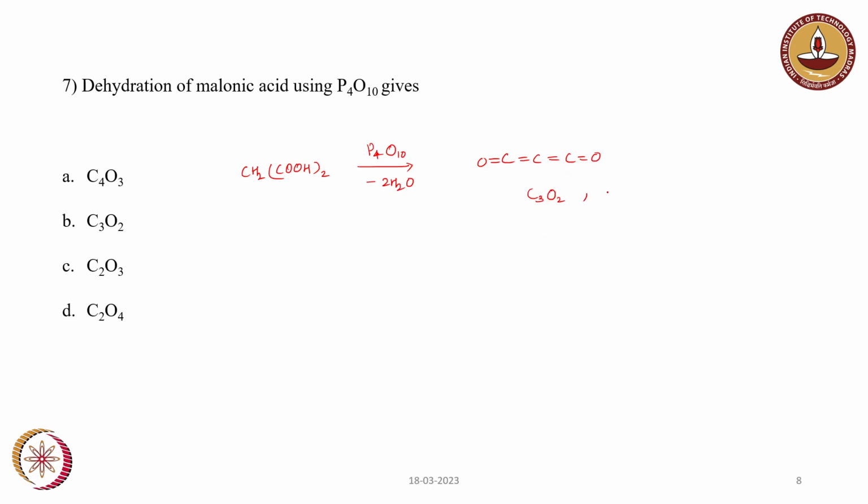And its boiling point is 279 Kelvin. And the C double bond C will be 125 picometer, and C double bond O is 115 picometer. So the answer is option B, C3O2.